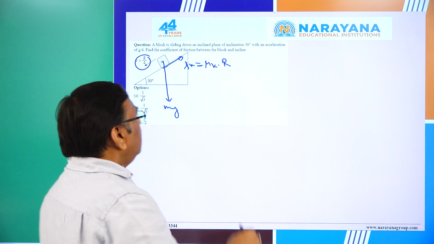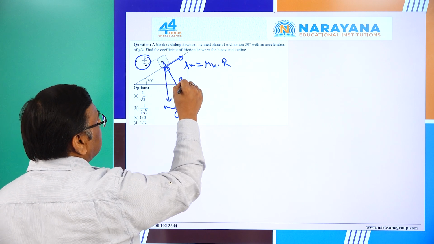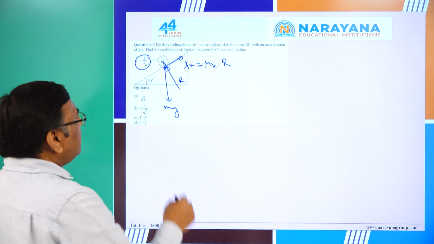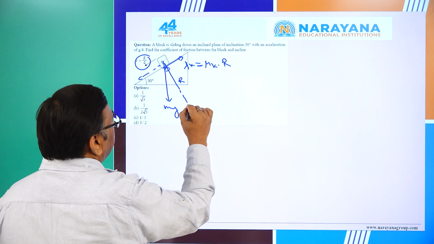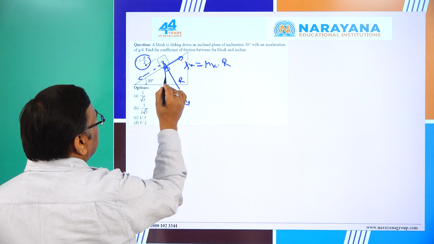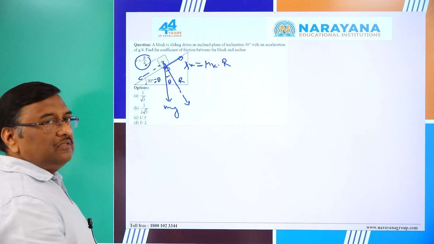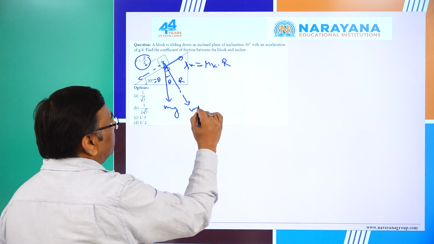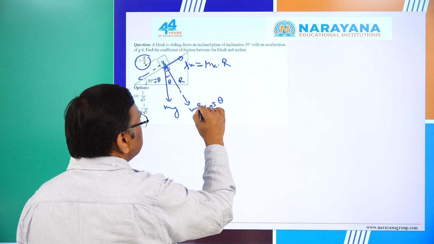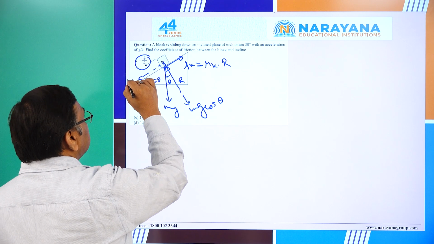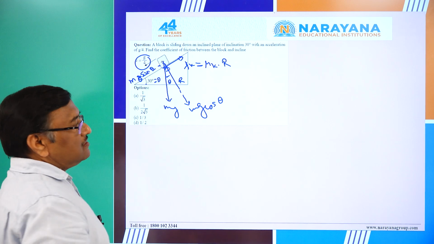Normal reaction is perpendicular to the surface, this is the normal reaction R. If I resolve my mg in these two directions, along the plane and perpendicular to the plane, and this angle is 30 degrees, so this angle is also 30 degrees, let me denote it by theta for the time being. That means this force component will be mg cos theta, and this downward component is definitely going to be mg sin theta.